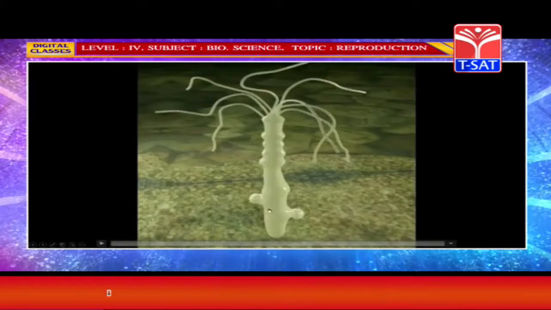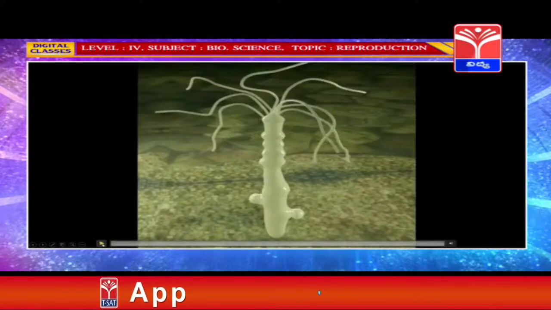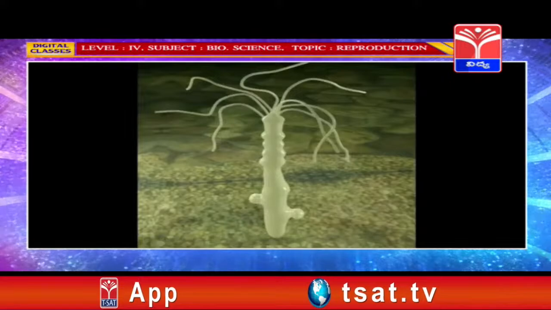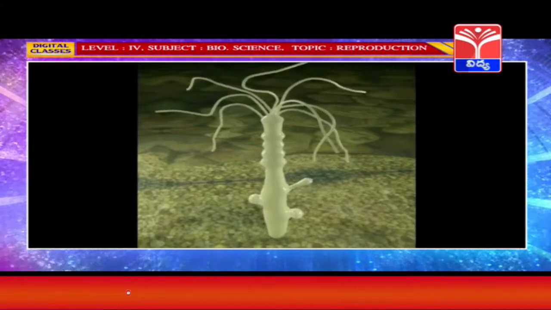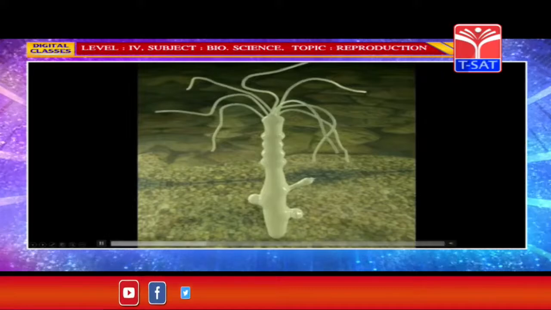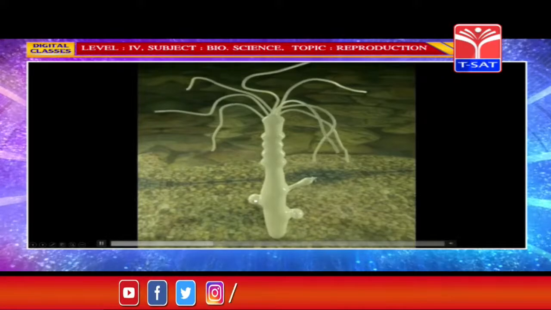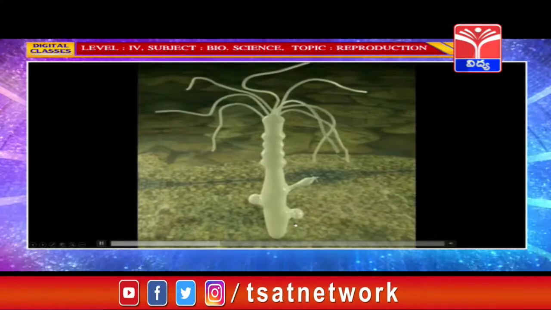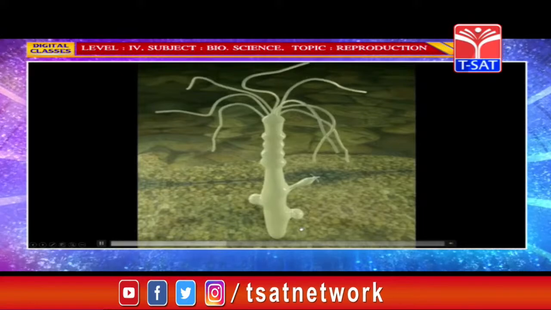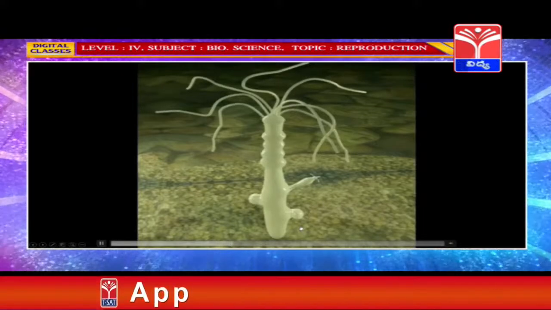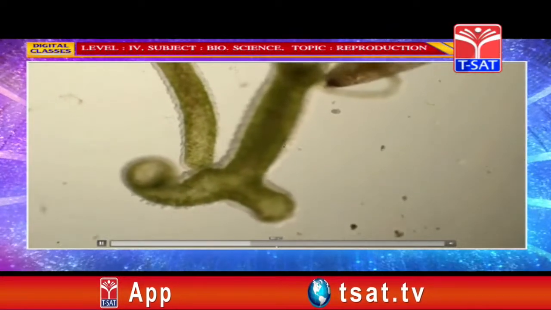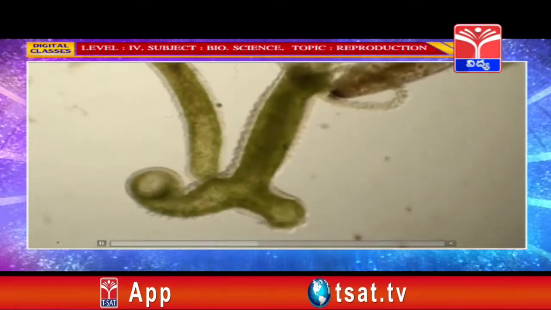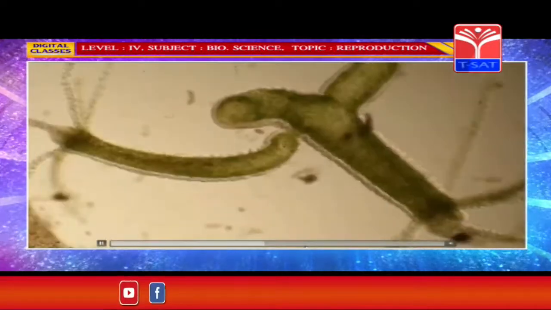Students, observe this video. Here you can see the budding in hydra. In hydra, first a small outgrowth called a bud forms. Here you can see buds on the hydra. These buds are formed on the side of its body by the repeated divisions of its cells. This bud then grows gradually to form a small hydra by developing a mouth and tentacles.